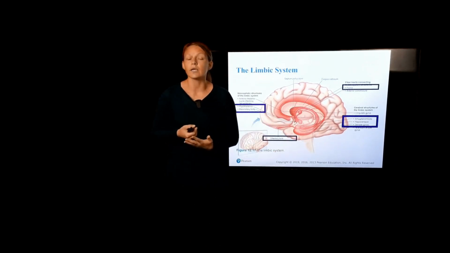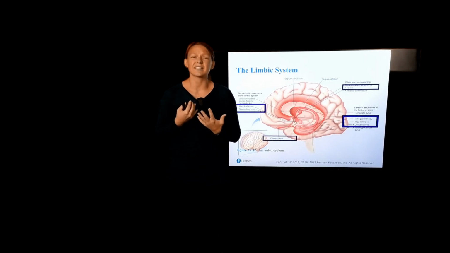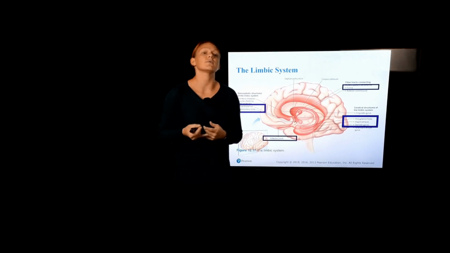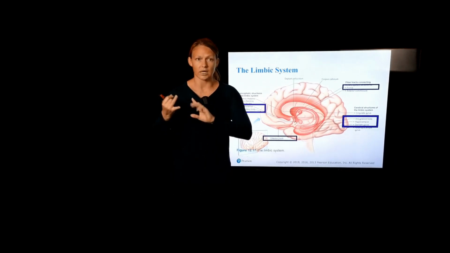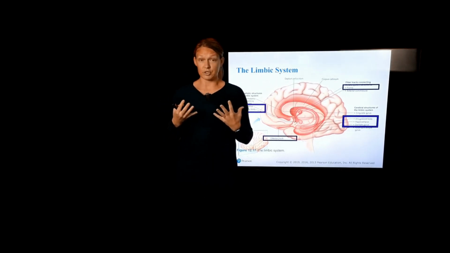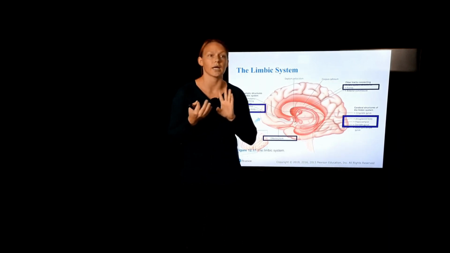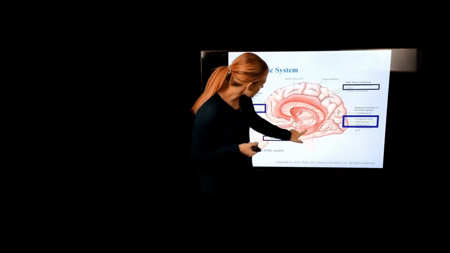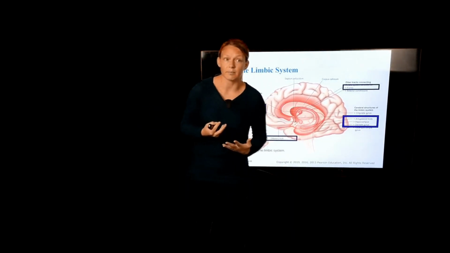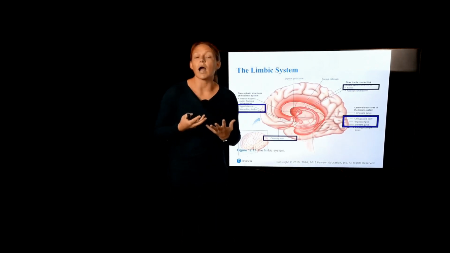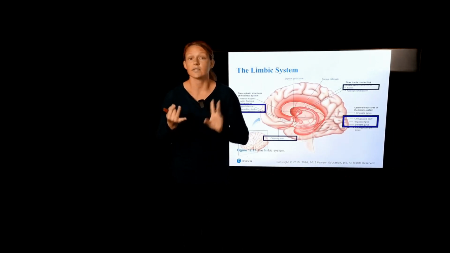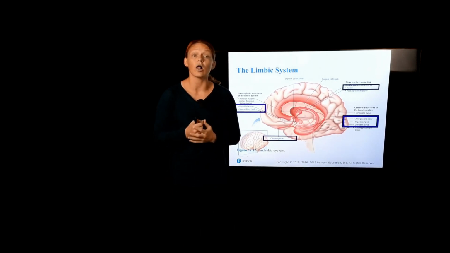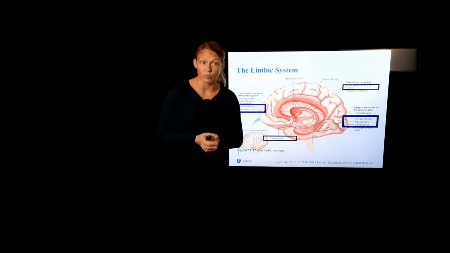That's responsible for memory. The limbic system really feeds all of our drives that we have. So it's responsible for our instinct, our mood, controlling our basic emotions. So things like fear, pleasure, anger, they are all going to be processed at the hippocampus region, which is right here. So that's part of the limbic system. And then all of our drives, so hunger drives, sex drive, dominance drive, care of offspring, they're all going to be initiated from the limbic system as well.